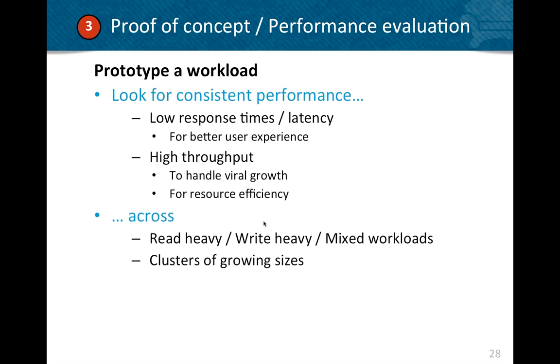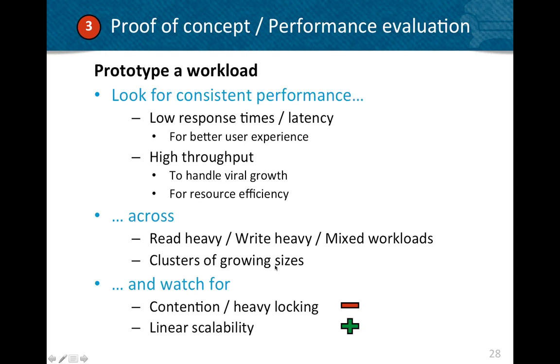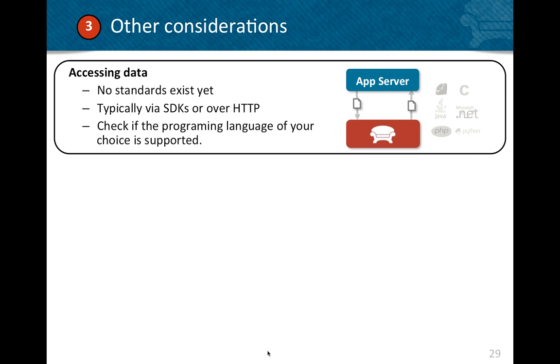That might be something you think about based on your requirements and the application characteristics. Watch out for contention and heavy locking, and of course you want to see linear scalability from a throughput perspective as you benchmark some of these databases.